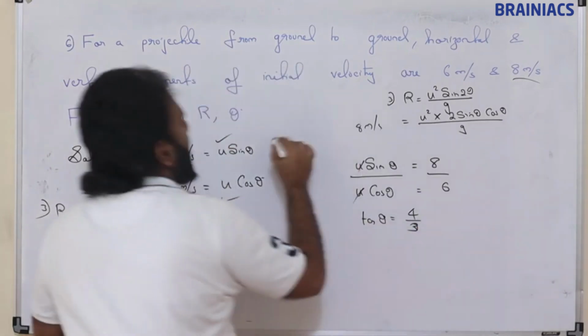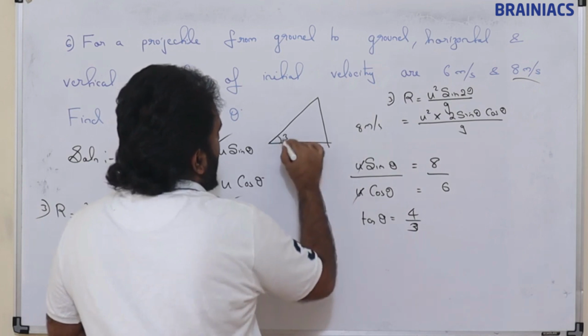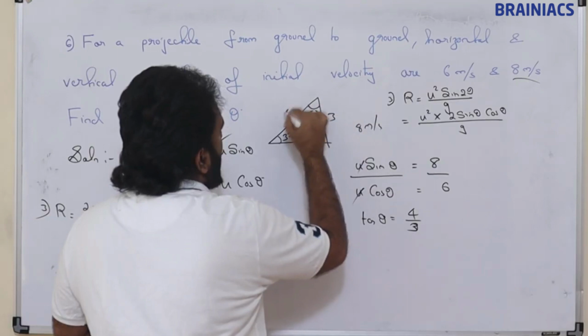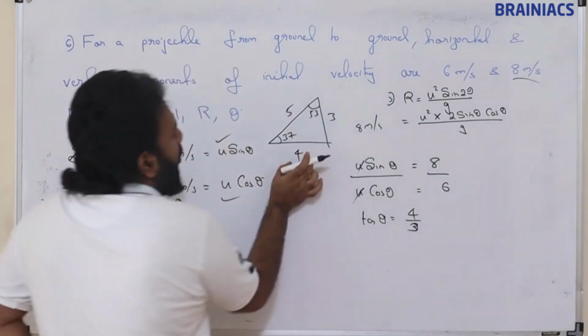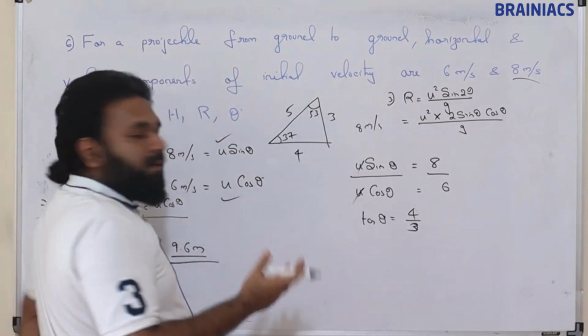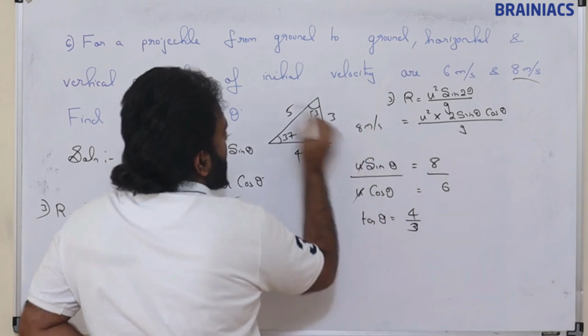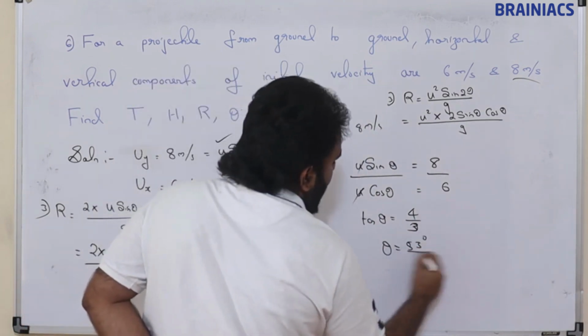So what triangle is this? I told you to remember this triangle. If this is 37, this is 53, this is going to be 5, this is going to be 3, this is going to be 4. Tan theta means opposite side by adjacent side. So opposite by adjacent means this is the angle. So theta is going to be 53 degrees.